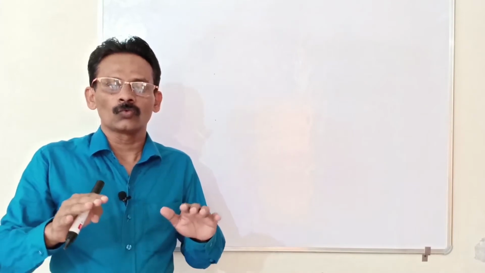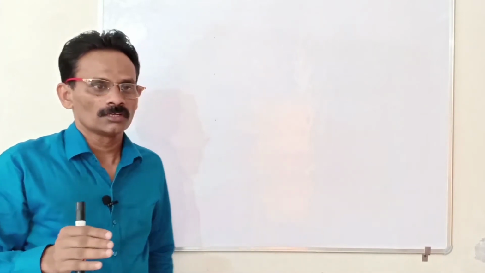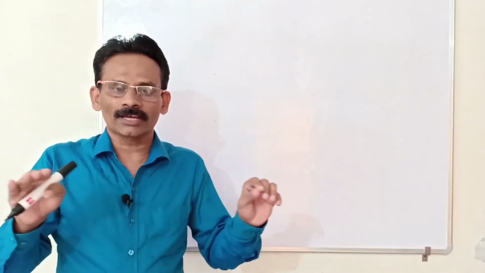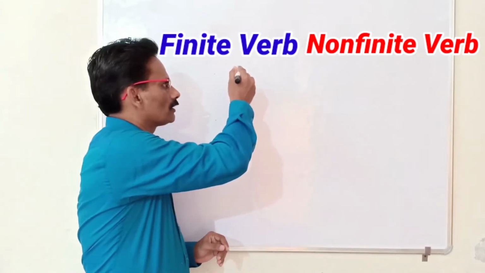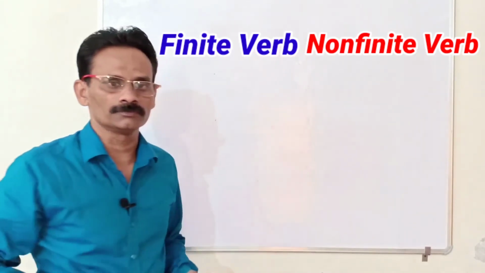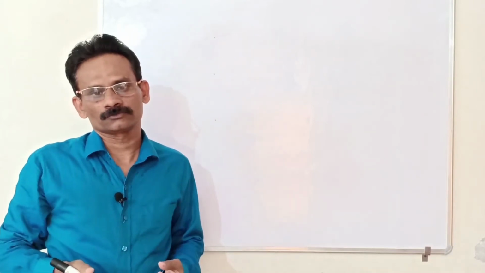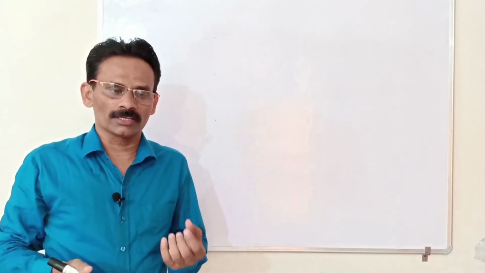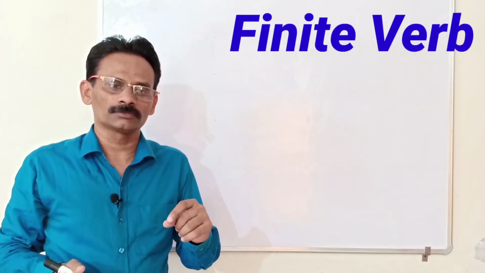Now here we have to learn non-finite verb. So verbs can be categorized into two groups: finite verb and non-finite verb. What are the finite verbs? We learned in the previous video about verb and types of verb.